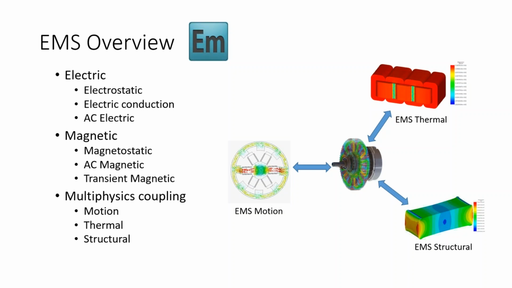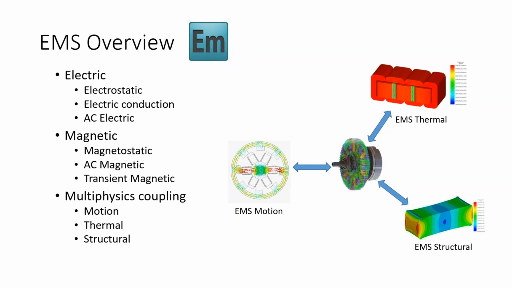And finally, we have the most complex and most competent solver, which is transient magnetic, which allows you to do either steady state or sinusoidal or exponential pulse, any sort of excitation waveform that you can come up with. It can be used in the transient magnetic solver as an excitation for your conductors, and it can come up with all the different results that I've mentioned.